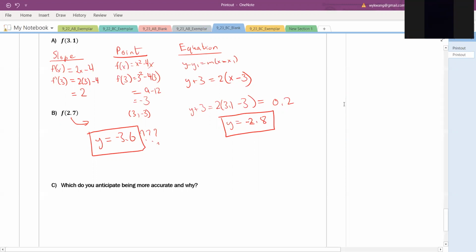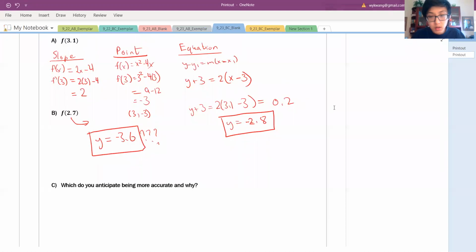I know it's basically the end of class now, so does anyone have just a really quick thought on part C, and then we can end class? You can raise your hand or chat your name. Mercy, go for it. I think that the f of 3.1 will be more accurate because you're doing it in relation to f of 3, and 3.1 is closer to 3 than 2.7 is.